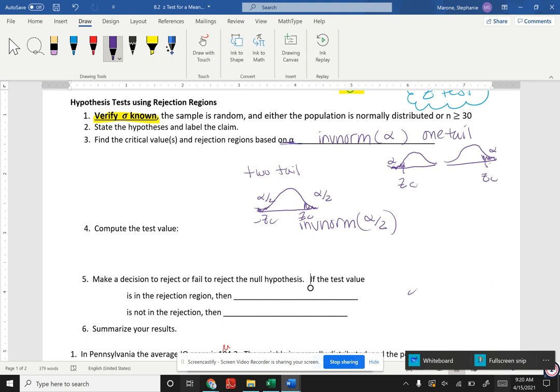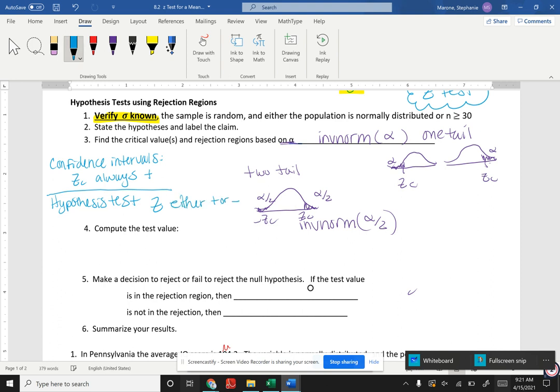And unlike confidence intervals, where Z sub C was always positive, that is not true for chapter 8 with hypothesis tests. Z can either be positive or negative.